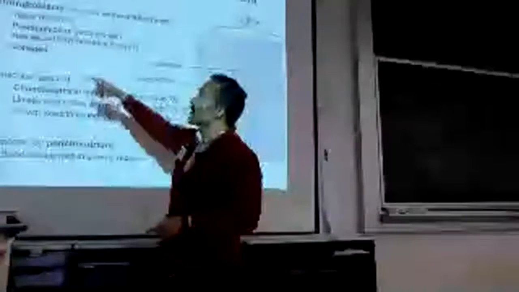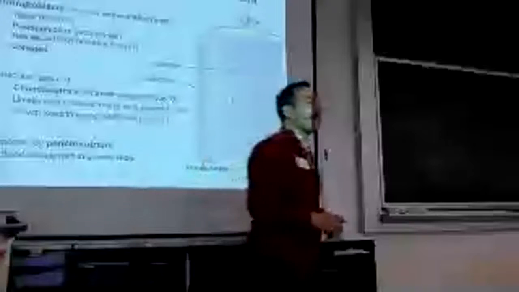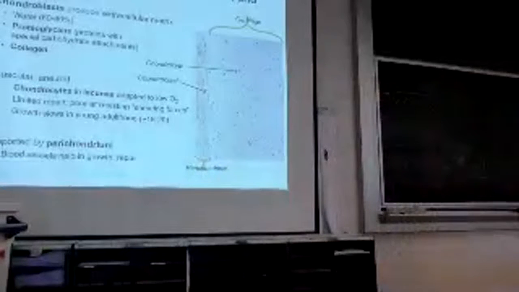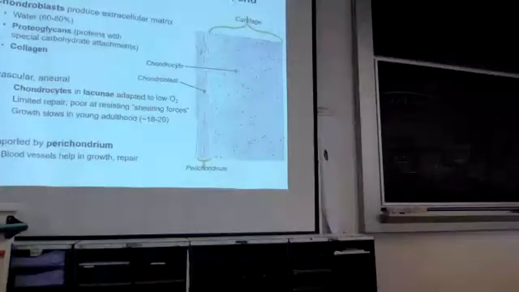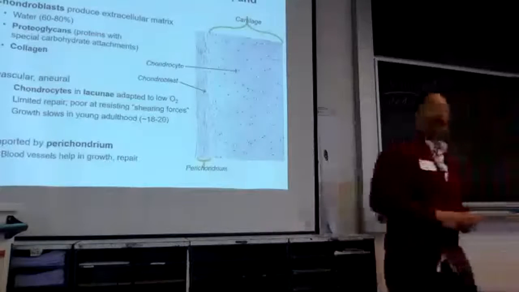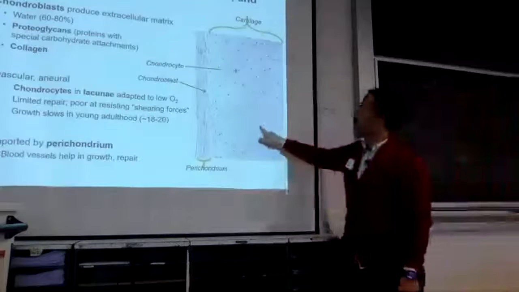And this other protein called proteoglycan. What that really means is protein with carbohydrates attached to it, like glucose. Glycan sounds like glucose. Proteoglycans make it very squishy as well. The collagen makes it strong and flexible.